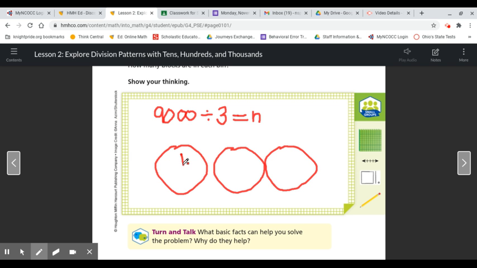So when I think through dividing, if I have 9,000 divided by 3, I'm going to space them out one at a time. 1, 2, 3, 4, 5, 6, 7, 8, 9. I might write down here to help me know that my capital T equals 1,000.